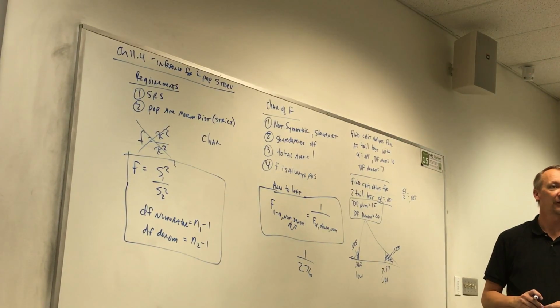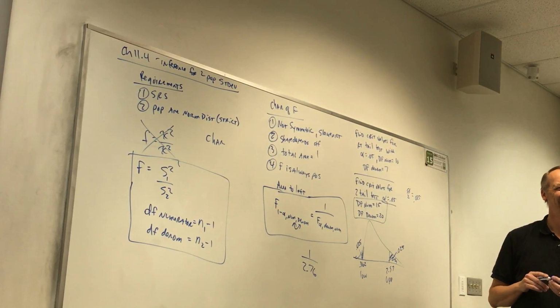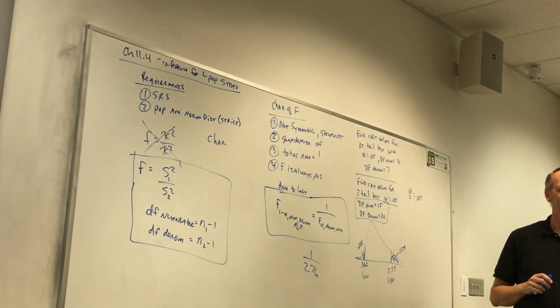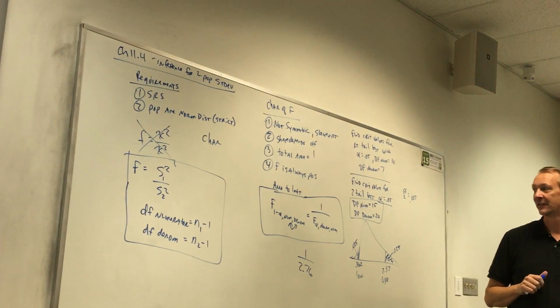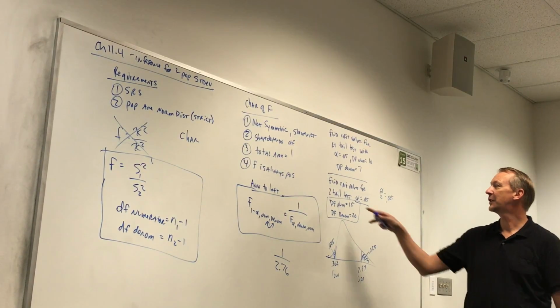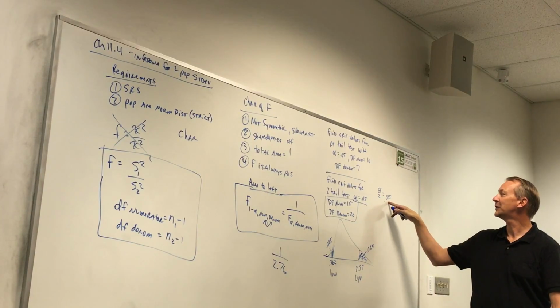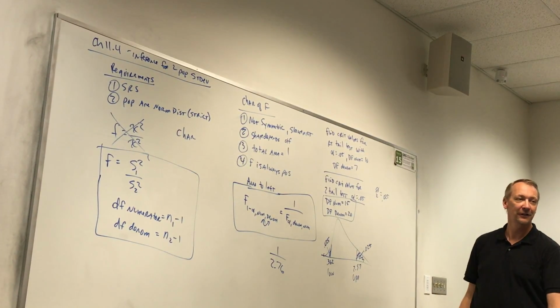So wait, F of 1 minus alpha, but we did alpha over 2. Well, it's a two-tailed test, so you get your alpha over 2, and then 1 minus that.